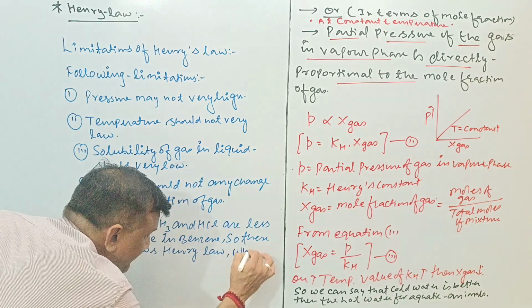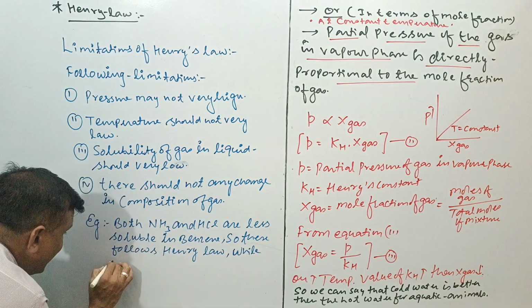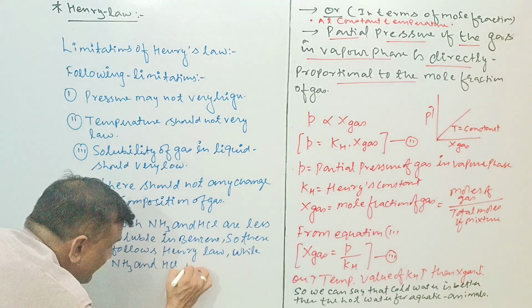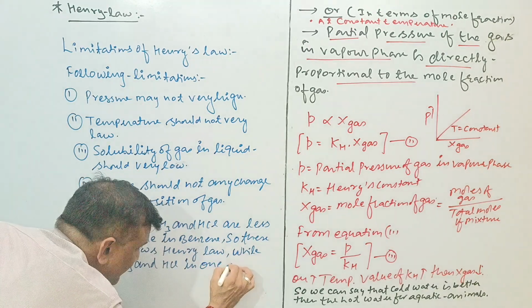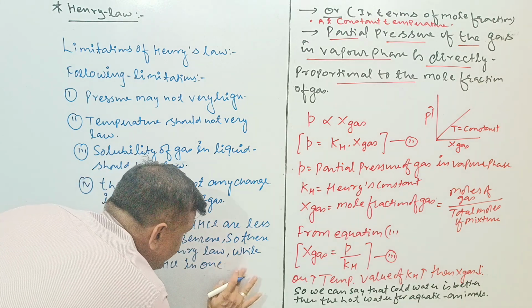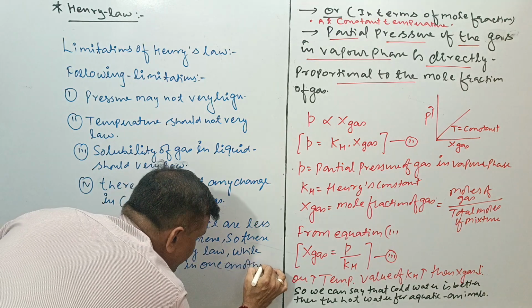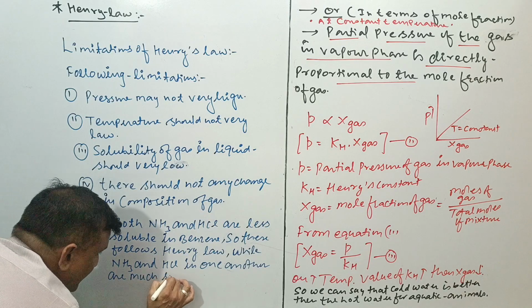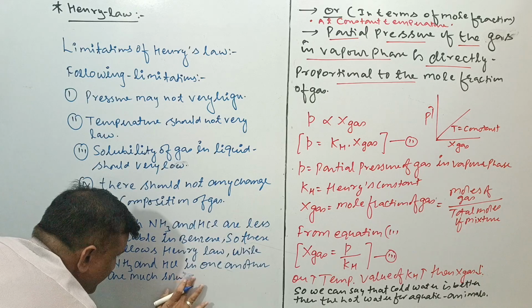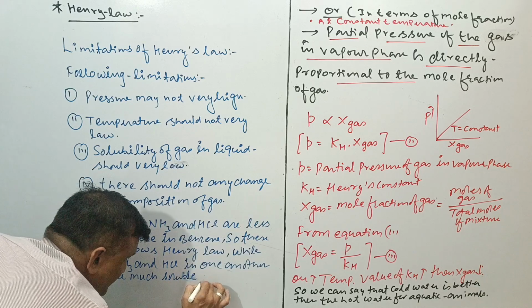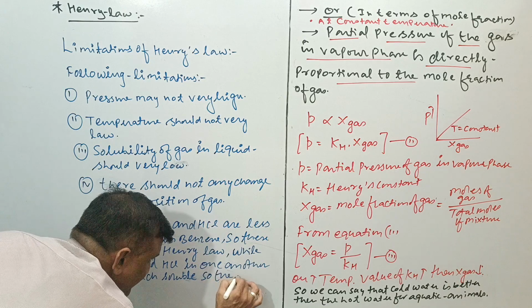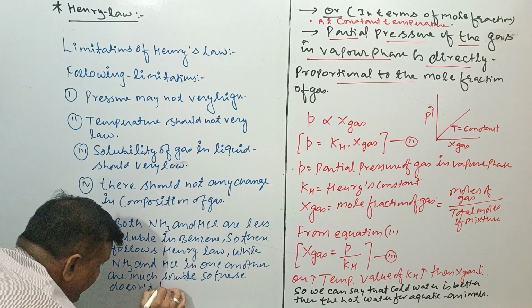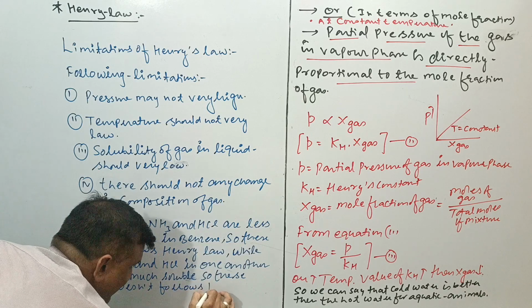While NH3 and HCl in one another are much soluble. So these don't follow Henry's law.